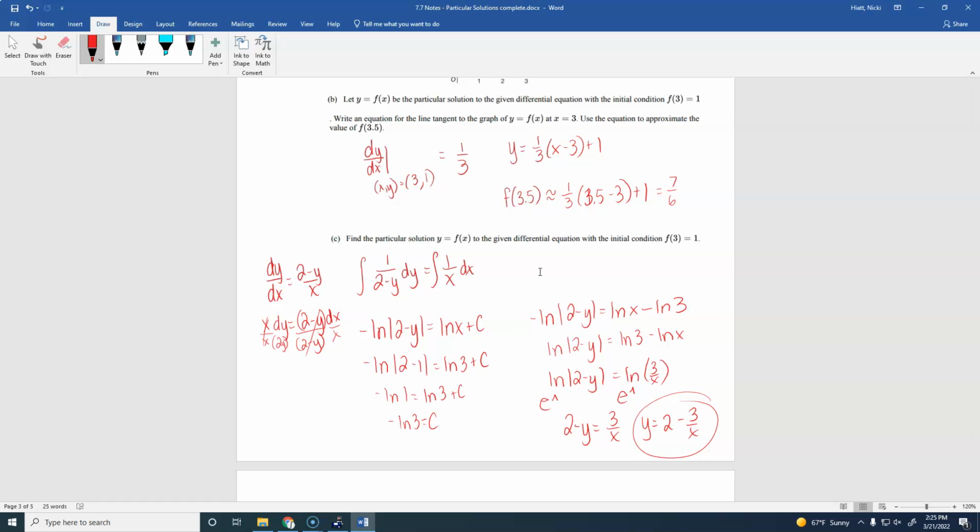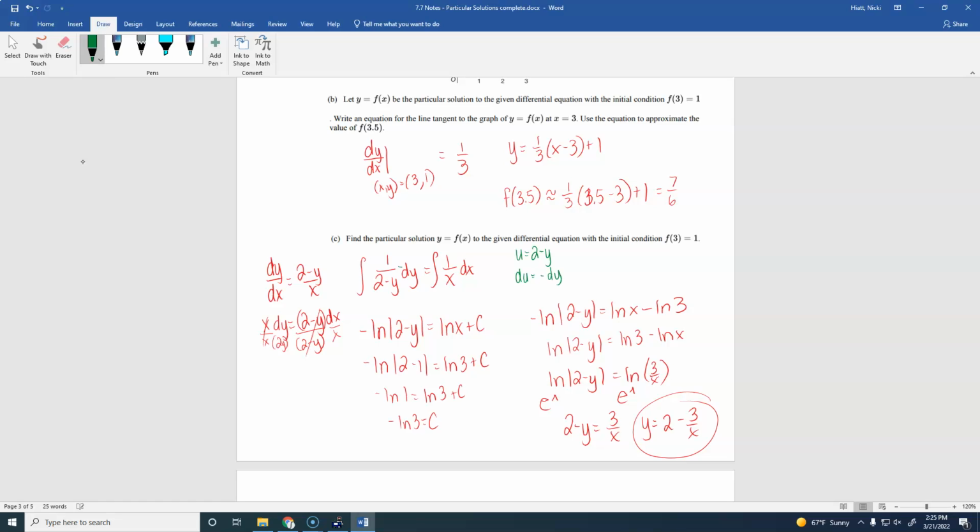Are we okay separating? All right, then you must integrate both sides. Both of these sides are going to be natural logs. On the right-hand side, it's just going to be natural log of x. On the left-hand side, you are doing a u-du substitution. I did not write all the steps there, but your u would be 2 minus y, so your du would be negative dy.